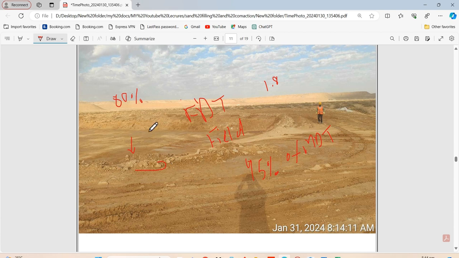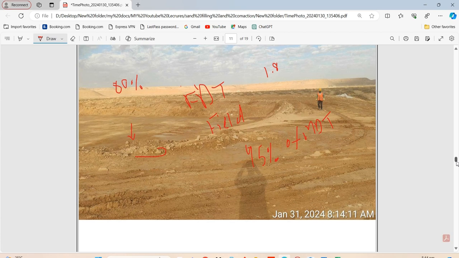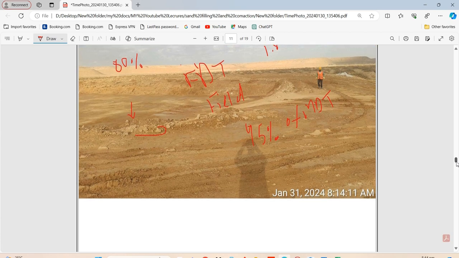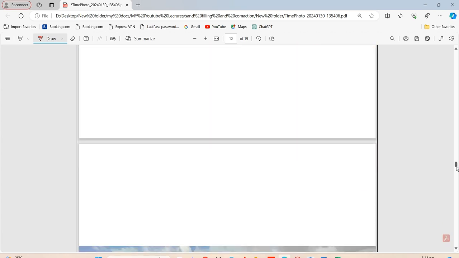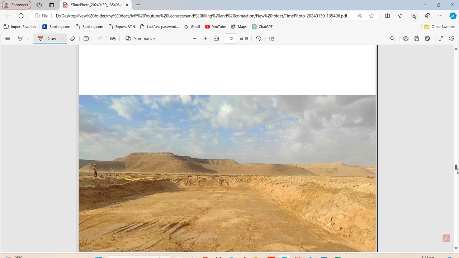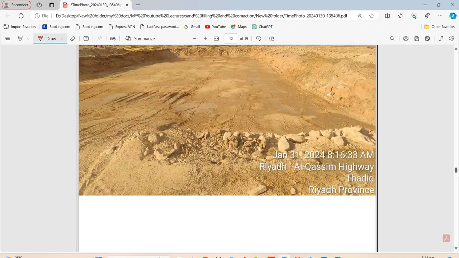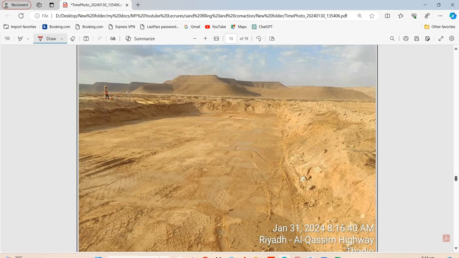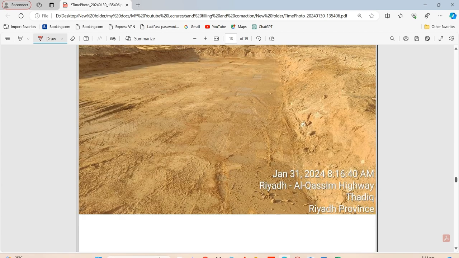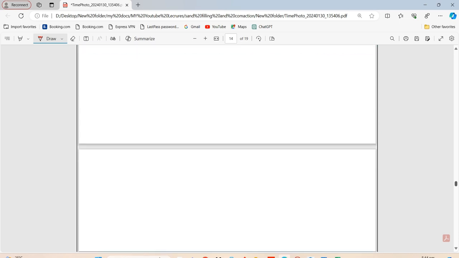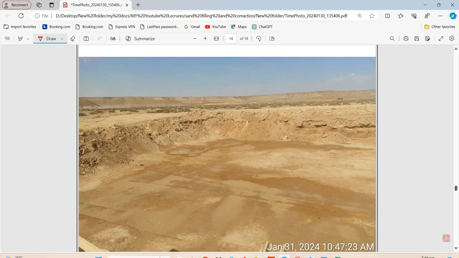So we filled this excavation with subgrade material above this foundation. I will show you more pictures. We fill this, and after this we sprinkle water on it. After around 1 day, this all will be absorbed, and we obtain the optimum moisture content.